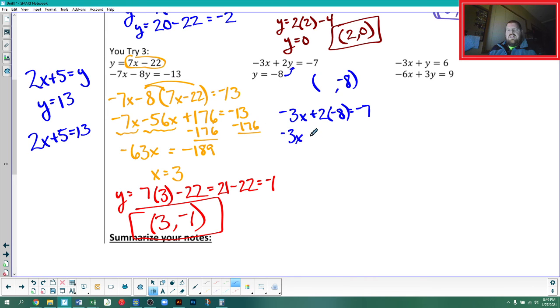So anyways, going back to this, I'm going to rewrite that actually. 2 times negative 8 is negative 16 equals negative 7. I'll add 16 to both sides. Over here they will cancel and I'll get negative 3x is equal to 9.